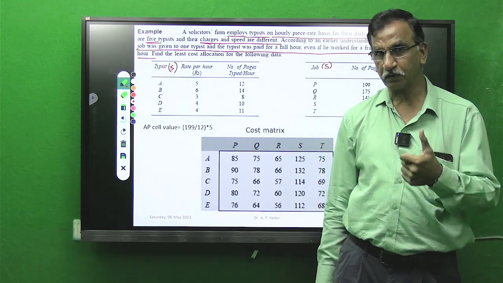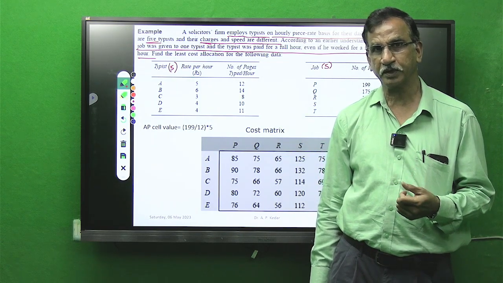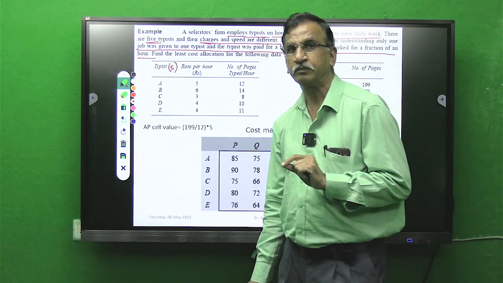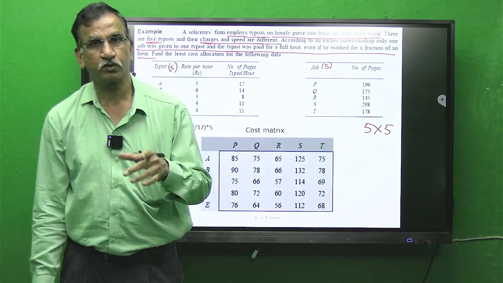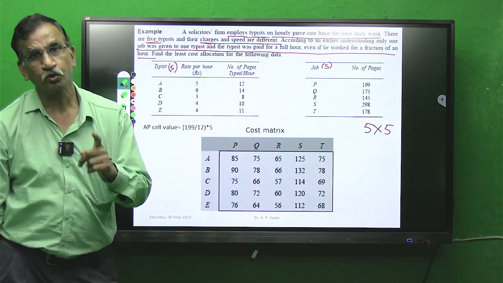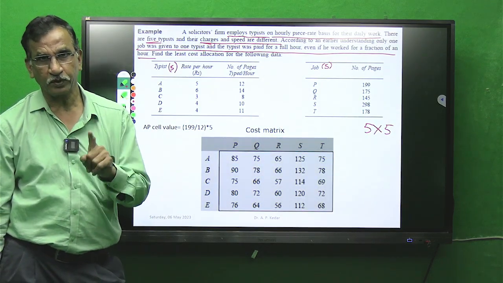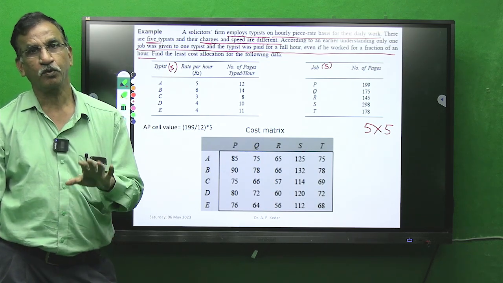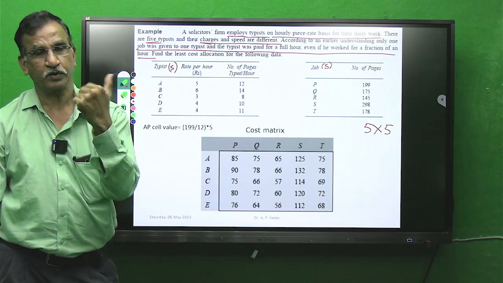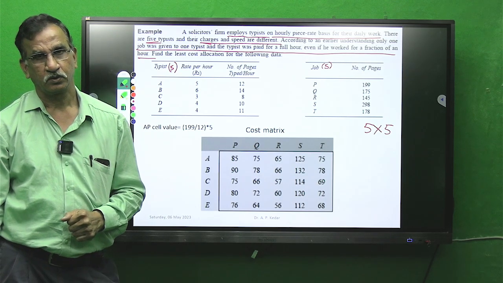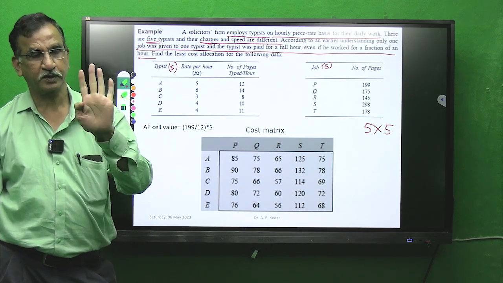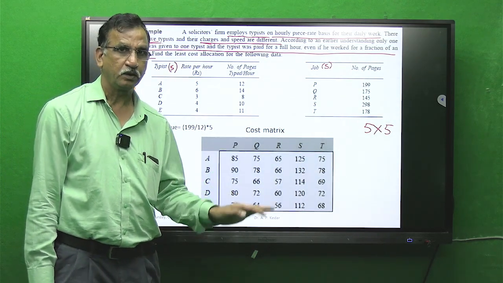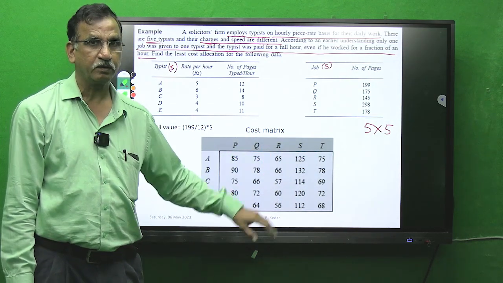And if that fraction of an hour is, suppose, 0.8 hours, then for 0.8 hour he will be paid wages equivalent to 1 hour. If it is coming 2.1 hours, 2.1 hours will be treated as 3 hours. 4.5 hours will be treated as 5 hours. 3.8 hours will be treated as 4 hours. That is the understanding you should have while forming the appropriate matrix.